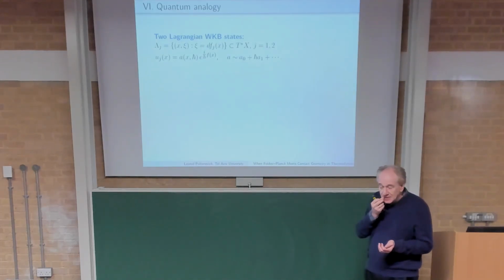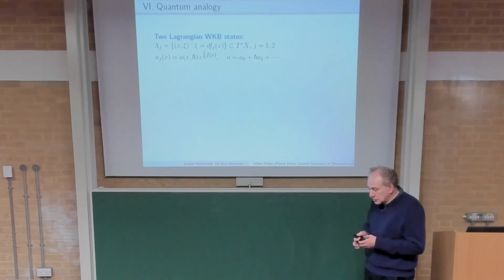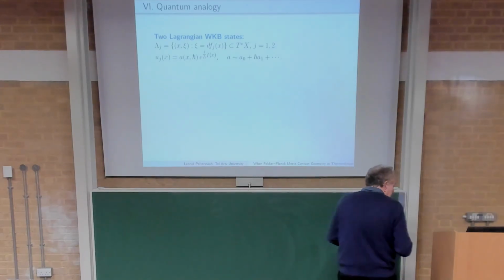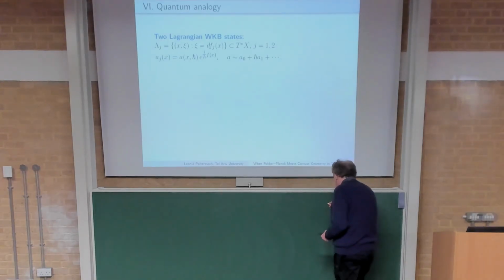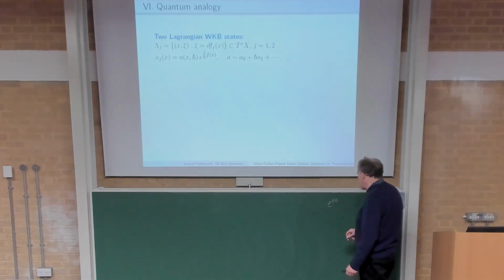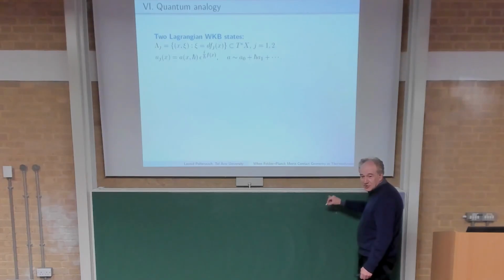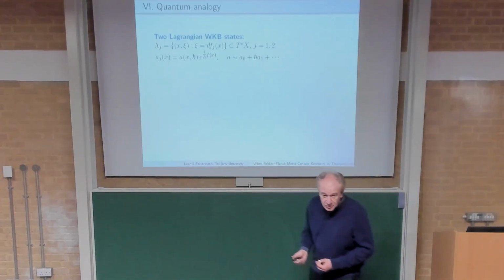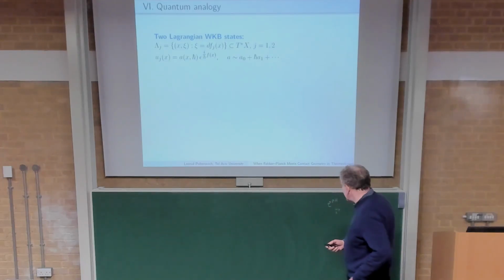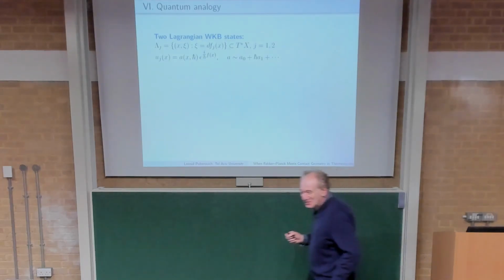Namely, when you write the expression e to the power minus beta H, if instead of beta you write i divided by h bar times t, you will get quantum evolution. And let me say a couple of words about this. I'm very shy.